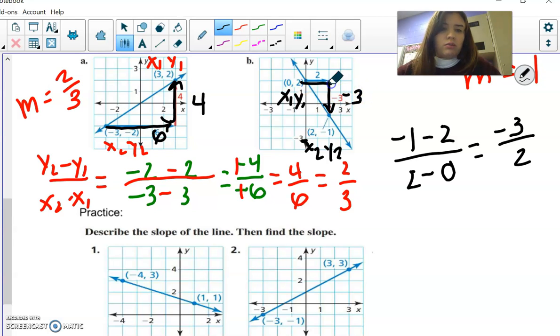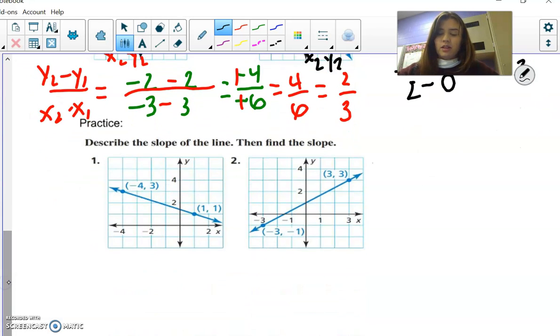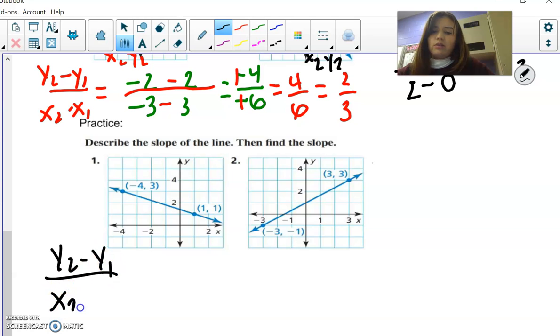And then our moving left to right is 2, so we are correct. Okay, so now you guys are going to practice. Remember, y2 minus y1 over x2 minus x1. Make sure you label them because it's really important that one set of points are first and the other set of points are second.